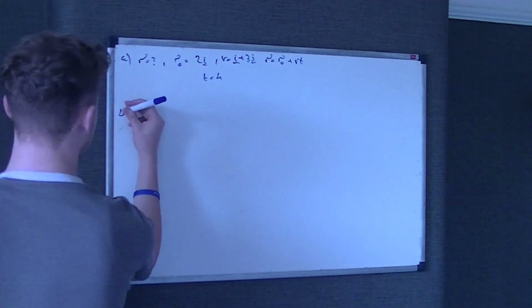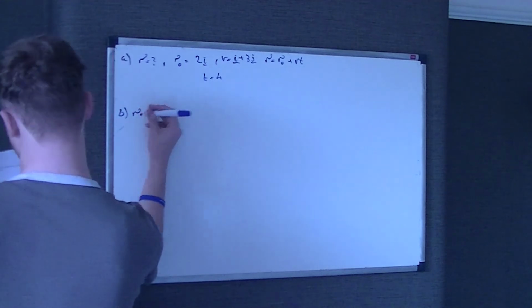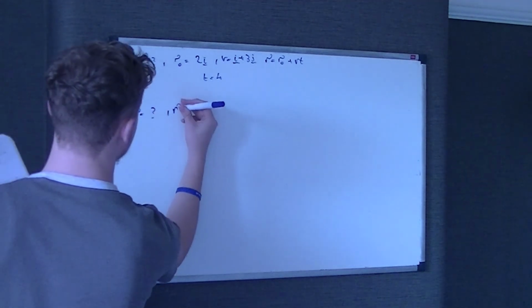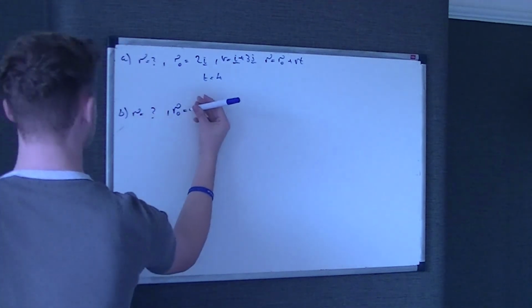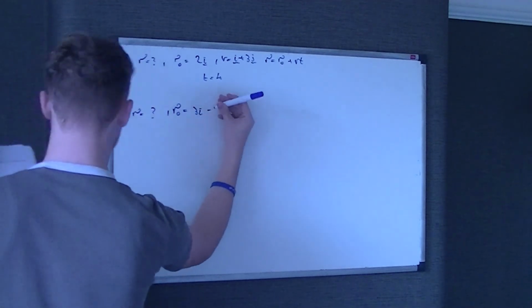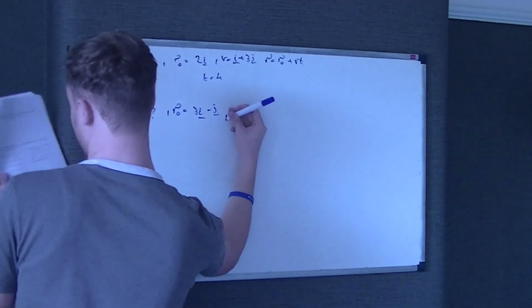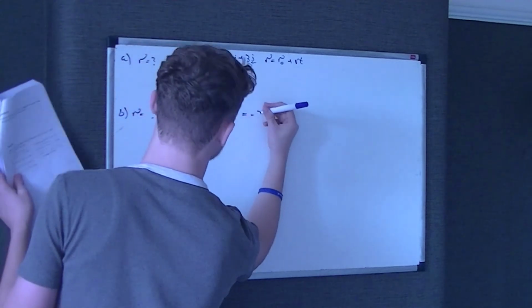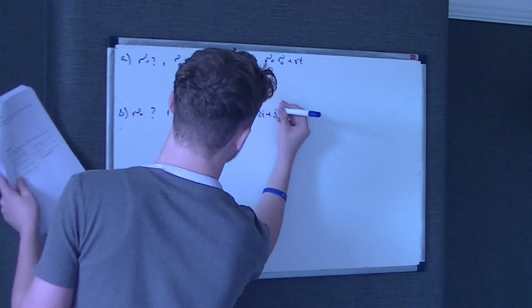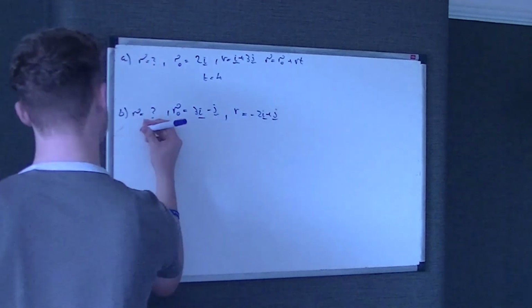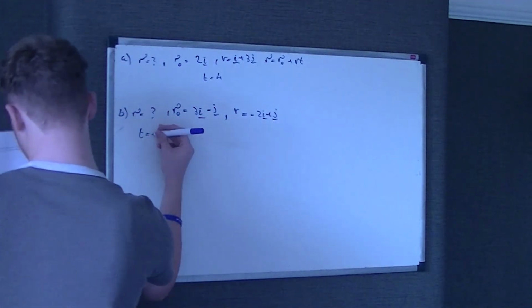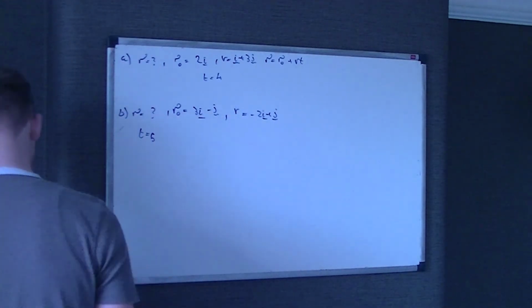Another one like that: we know R0, the initial position is 3i minus j, and V is equal to minus 2i plus j. And this is when T is equal to 5. So they're fairly simple.